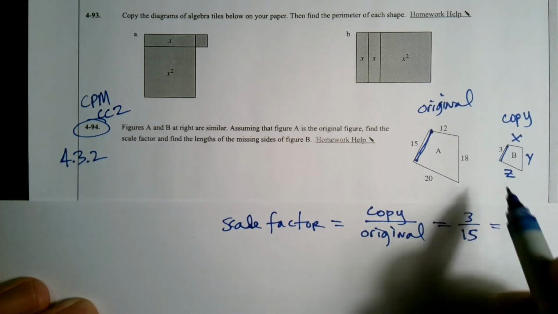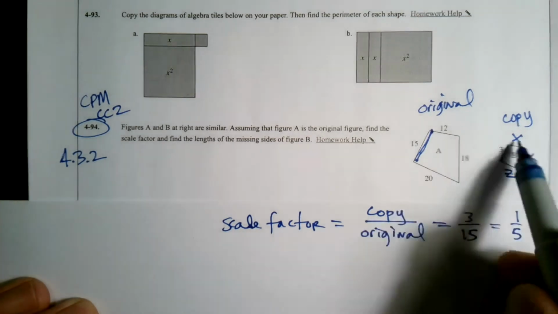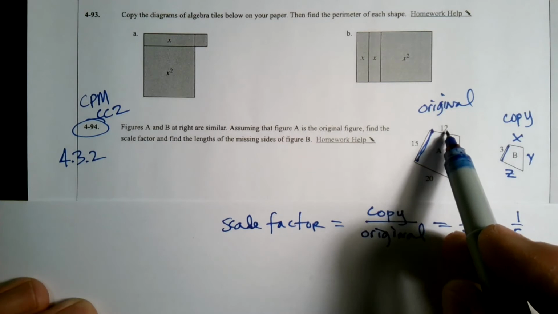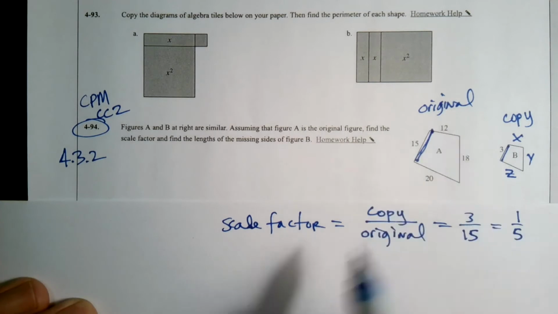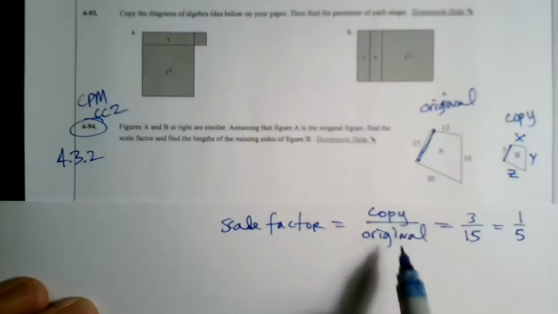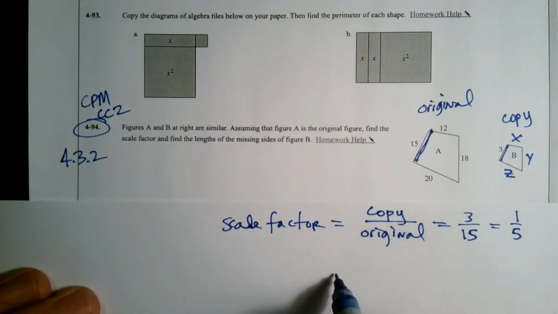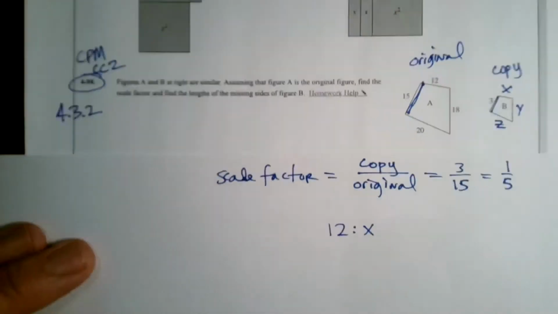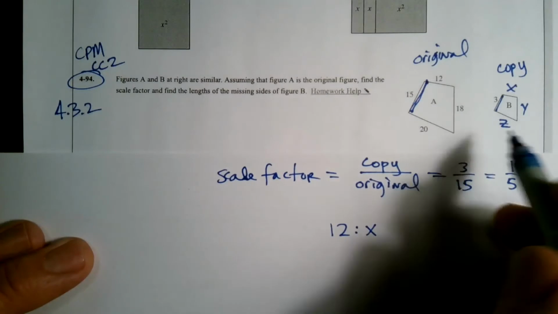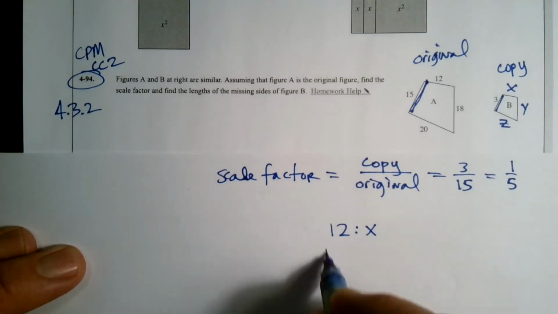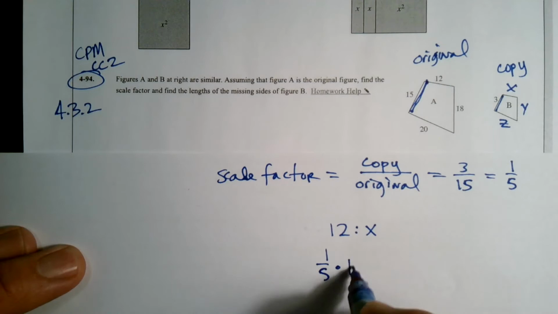Now I need to find X, Y, and Z. If my original side is 12, its corresponding side is X, right? So how do I find X? The scale factor is 1/5, so I can take 1/5 of 12.